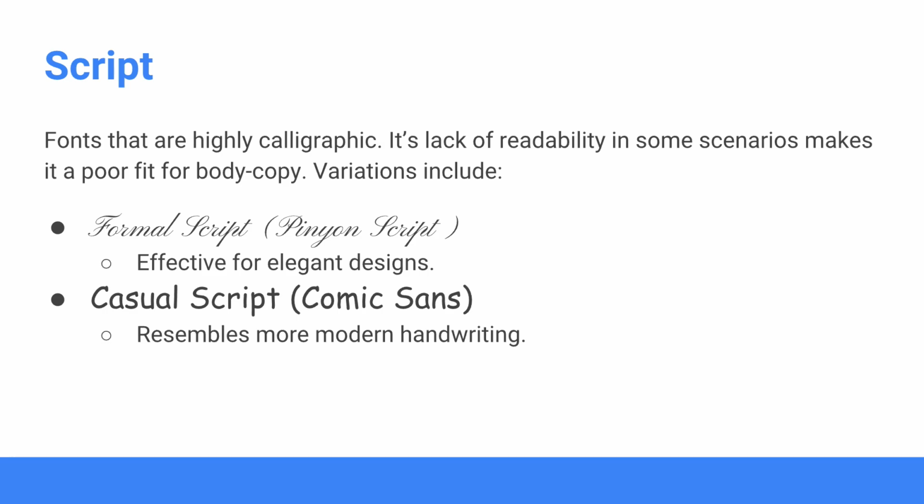The downside is that these vary a lot in the message they convey, so you need to be careful when picking a casual script font. In this example, there's Comic Sans, which you would probably never want to use, but it's a perfect example just to showcase what casual script is like. Fonts that you can literally write, right, as a human being.